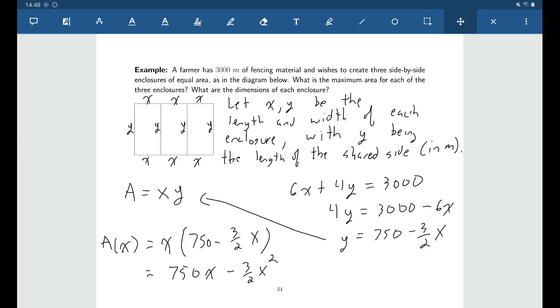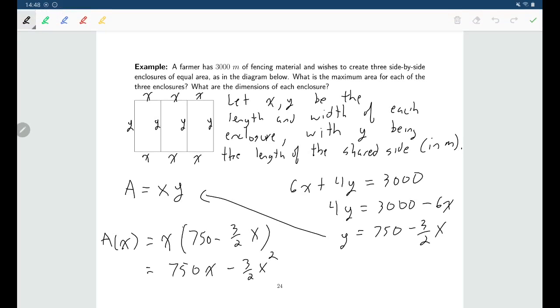Now, as I said, I'm not going to use the expanded version of A of x, because I notice here that I have the factored version, and if you already have A of x factored, then you can find the x-intercepts, and if you can find the x-intercepts, then you can easily and quickly find the vertex.